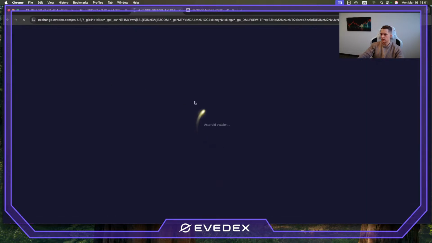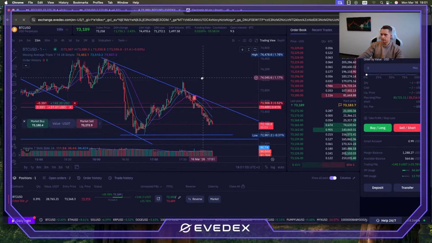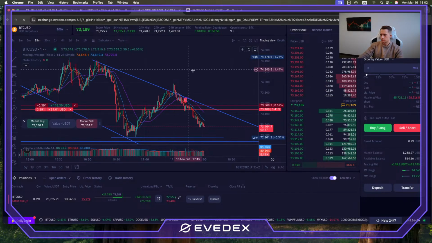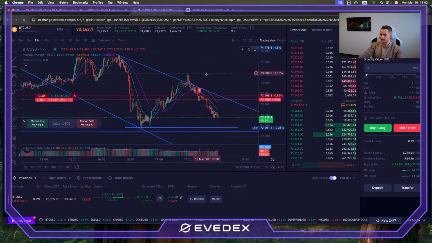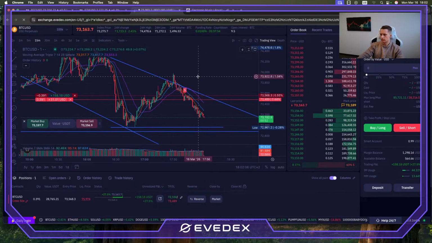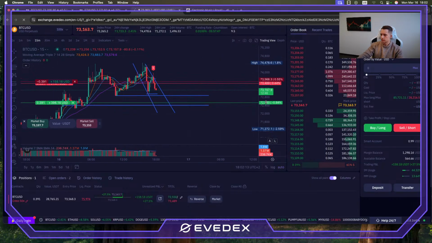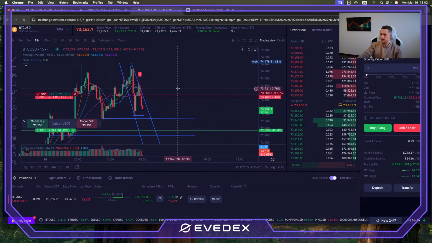If you look on the higher time frames, say currently on 15 minutes, then you can see that, doesn't look like 15 minutes to me, but there we go, that looks better. So as you can see, that downtrend is still continuing. So it looks pretty strong.